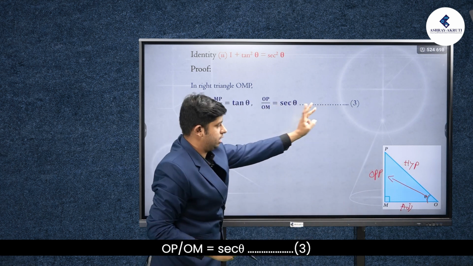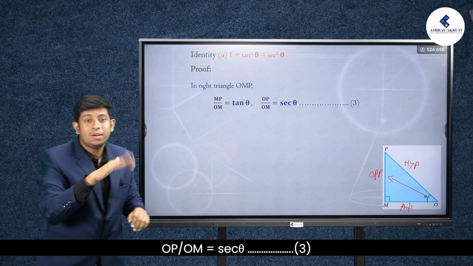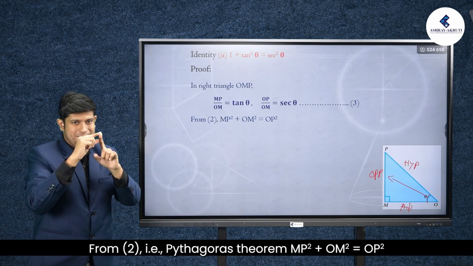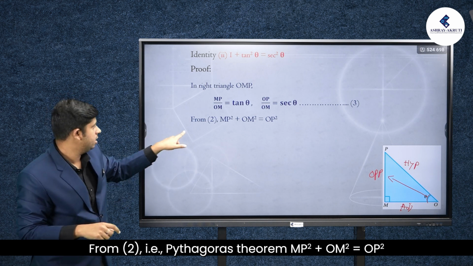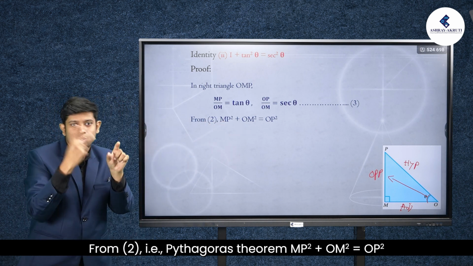Consider it as 3. From 2, that is Pythagoras theorem, we have MP square plus OM square is equal to OP square.